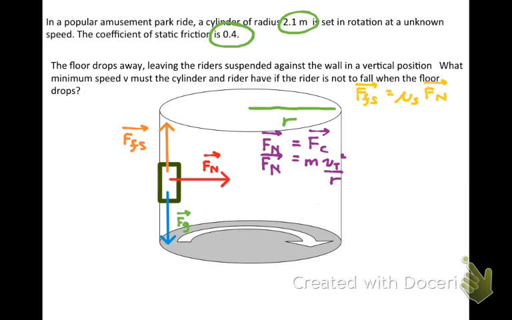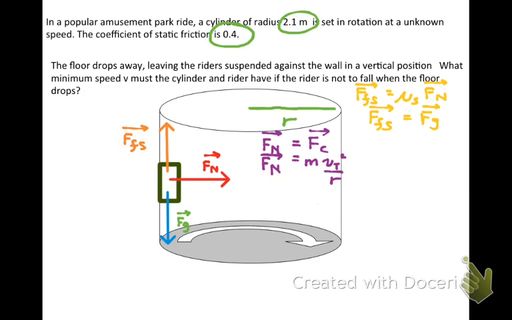So what we want is the force of friction to match the force of gravity for the rider to be stationary. So what we want to say based off our free body diagram is that the force of friction static has to equal the force of gravity for the rider to be still. Well, that's true.